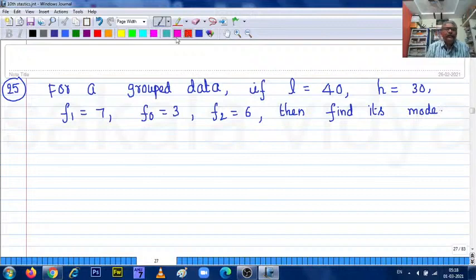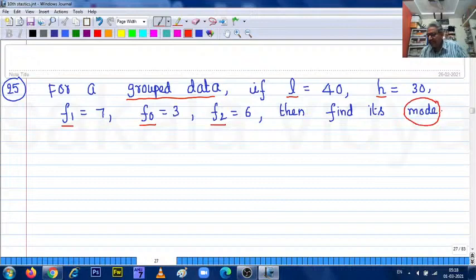For a group data, L value given, H value given, F1, F0 and F2 given, and you are asked to find out the mode.